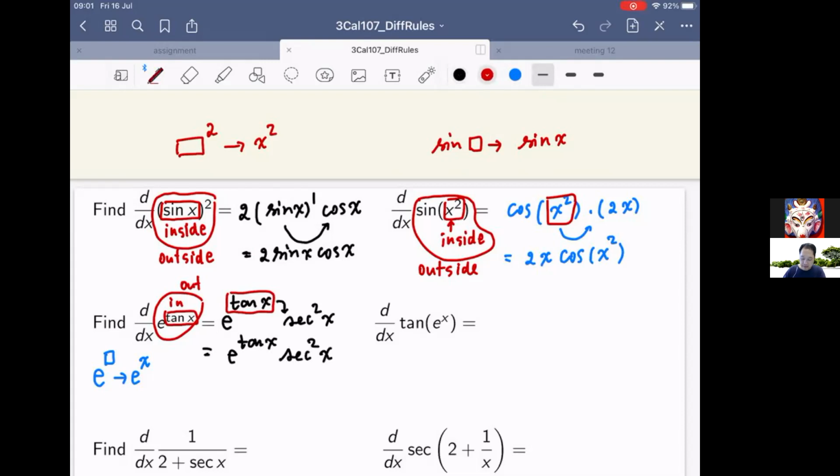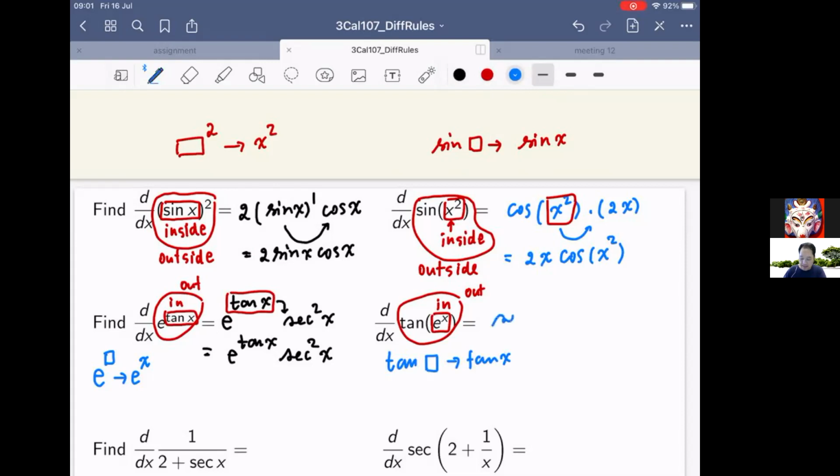However, if you look at this one, here is the one inside, there is the one outside. The outside function, the major one, is tangent. So you need to look at it as the big picture, tangent of x. The derivative of tangent becomes what?